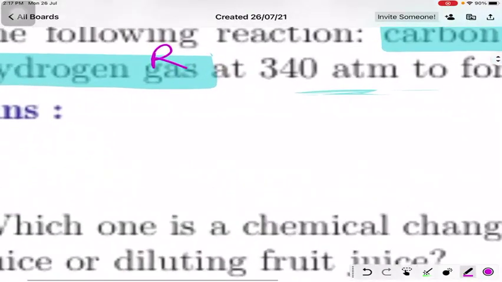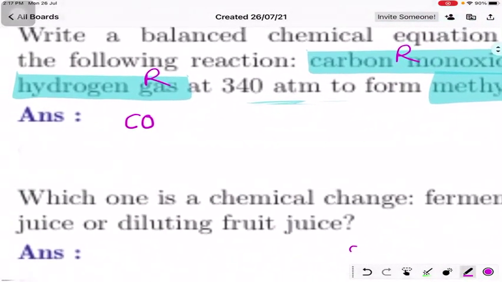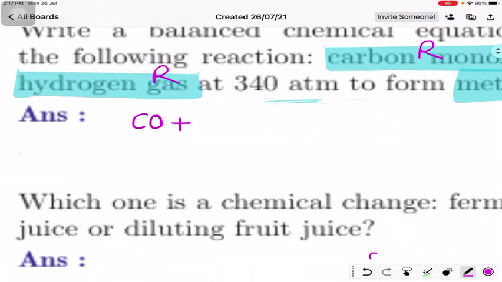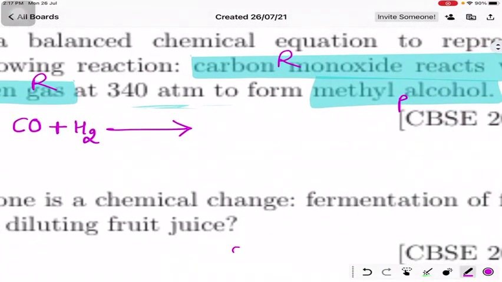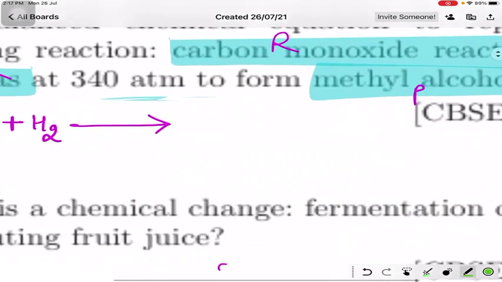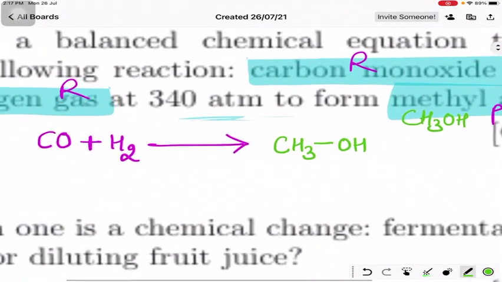Carbon monoxide is CO, one oxygen, plus hydrogen. You are adding hydrogen into it, then put an arrow, and on the product side, the formation of methyl alcohol. Methyl is the CH3 group, and alcohol means OH is attached to it. So it is CH3OH.